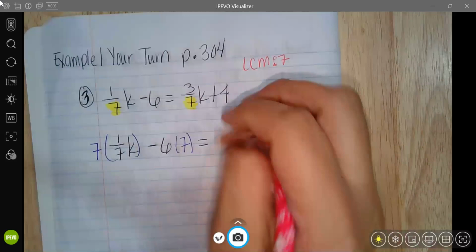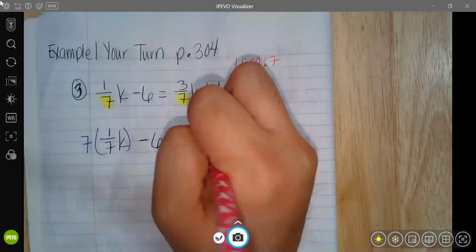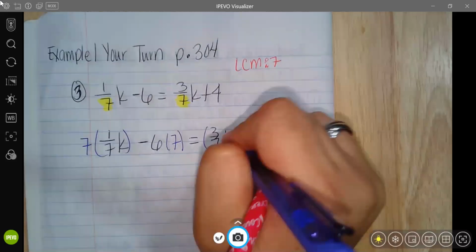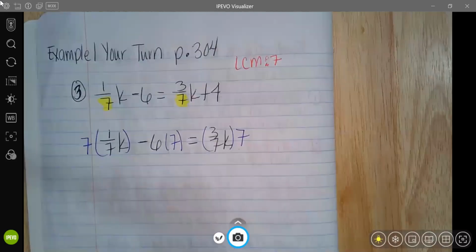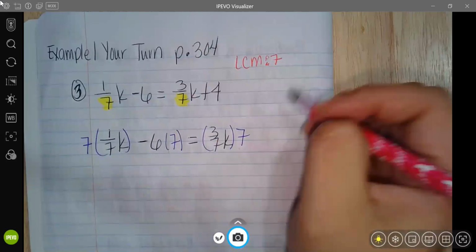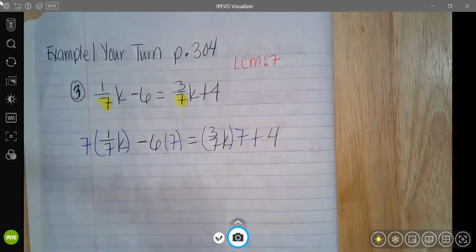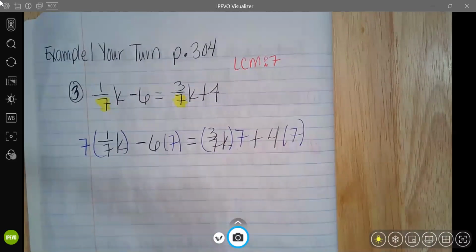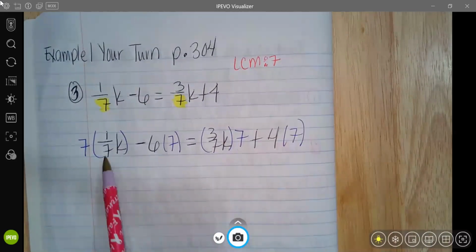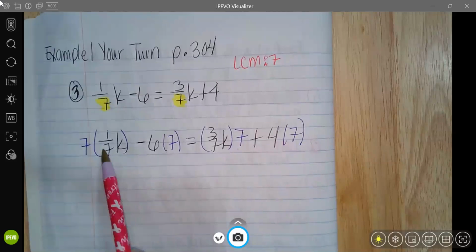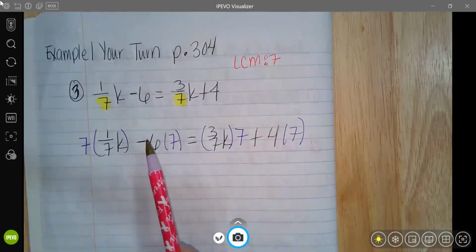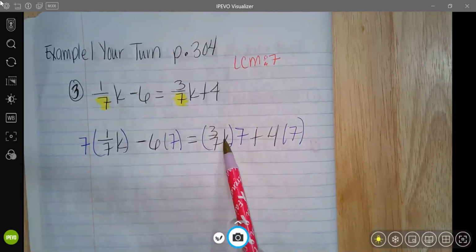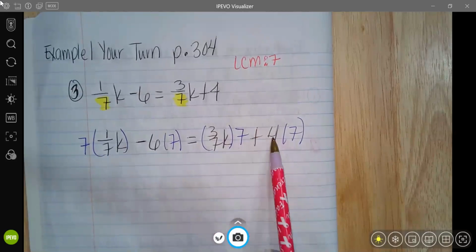Next one, 3/7 K, and of course, multiply it by our LCM, and our last term was plus 4, and of course, I'm gonna multiply that by our LCM. So I have 7 times 1/7 K minus 6 times 7 equals 3/7 K times 7 plus 4 times 7.